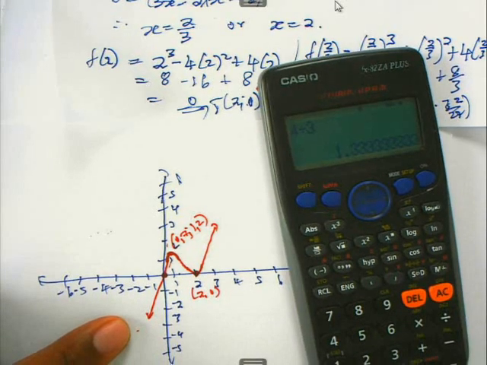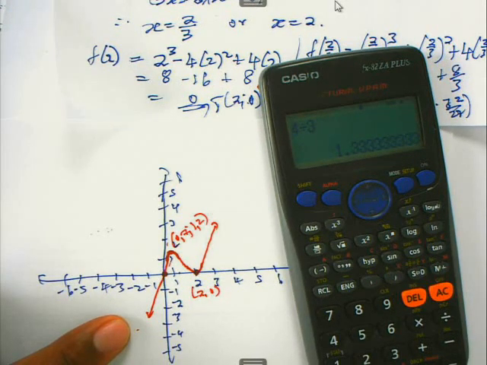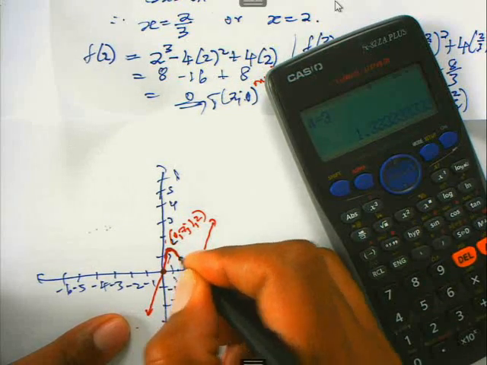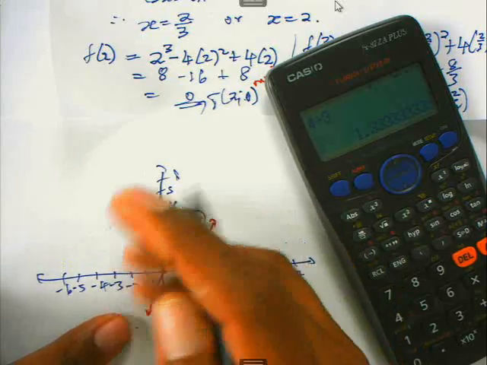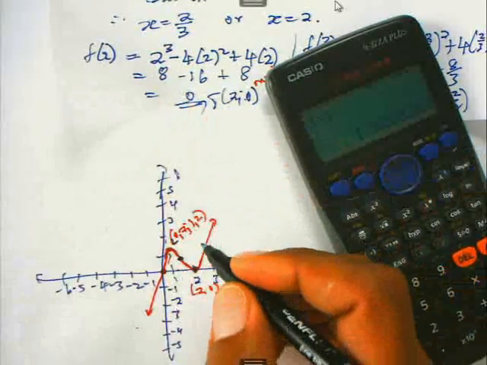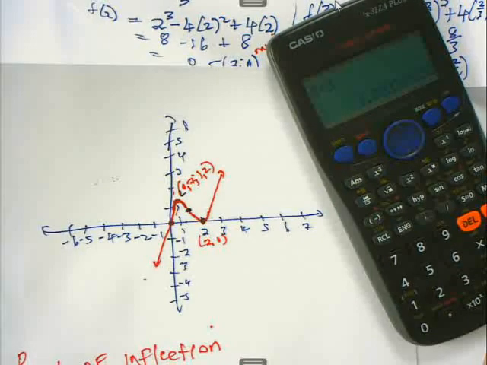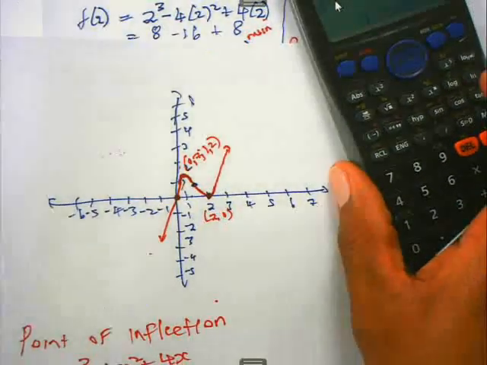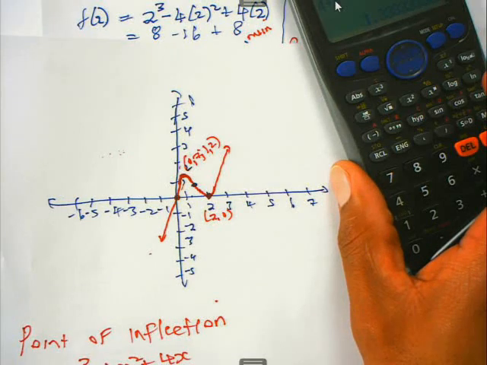And now y. Y will then be 0,59, which is 0,6. I think the point will then be here. You can see now this point divides these two graphs. This is the x value and the y value of the point of inflection.